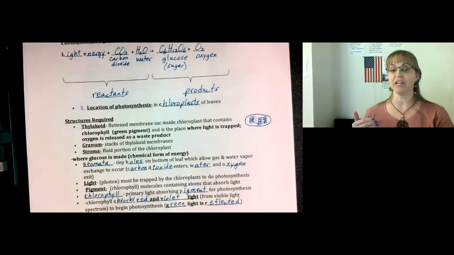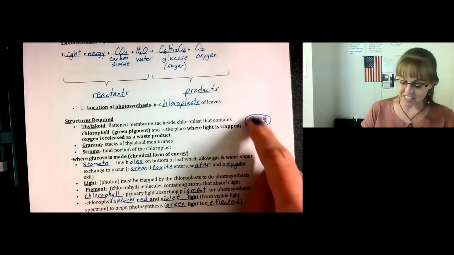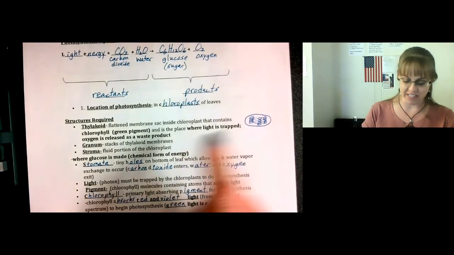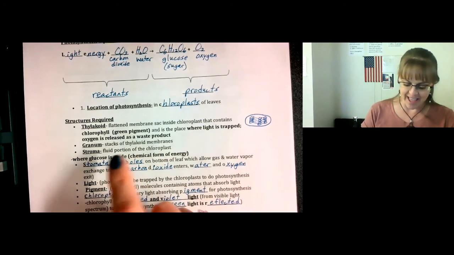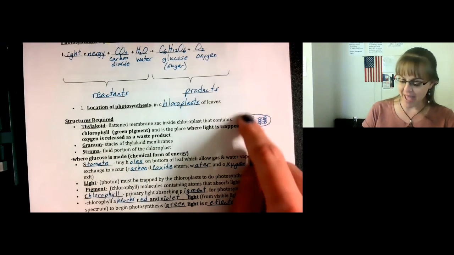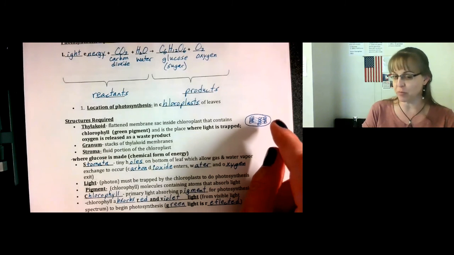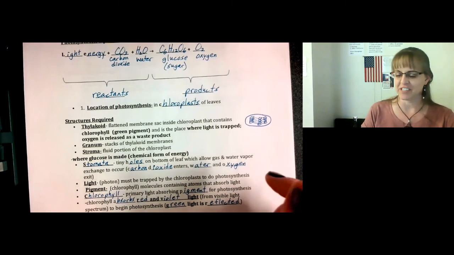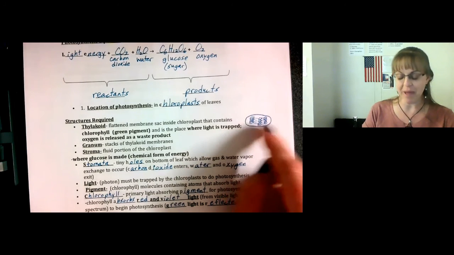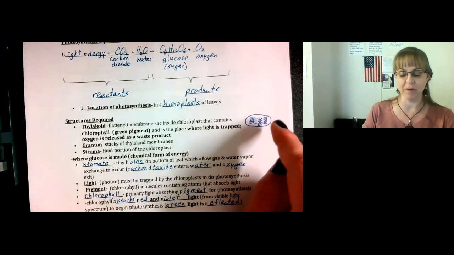And chlorophyll inside the chloroplasts traps the light. A stack of thylakoid membranes is called a granum, and the stroma in the background is kind of like the cytoplasm for the chloroplast. So the stroma is the liquid background that these thylakoid membranes are floating in.